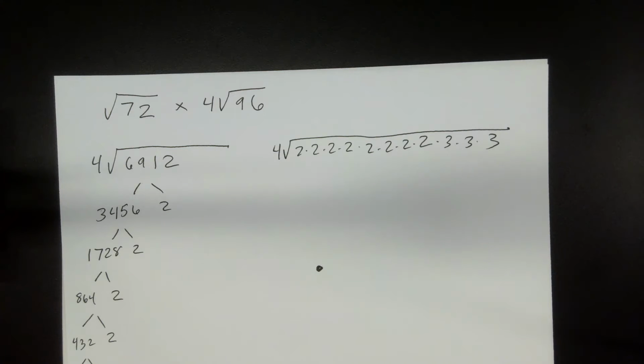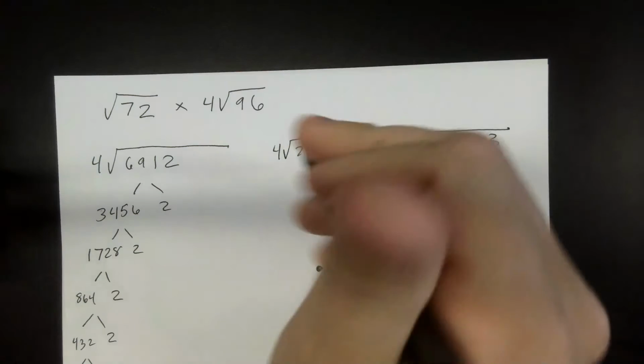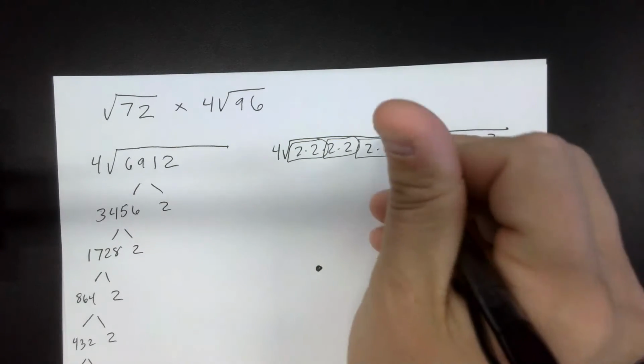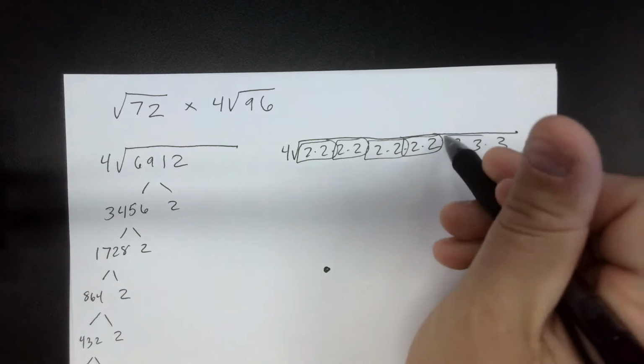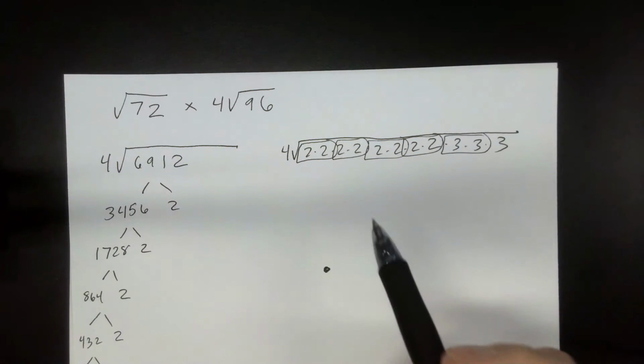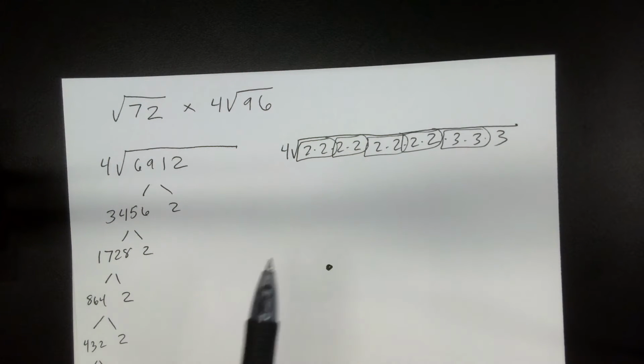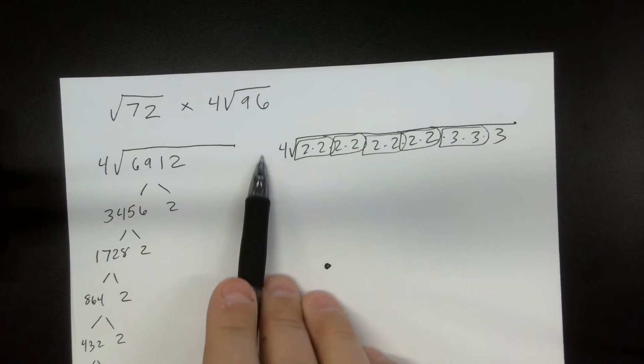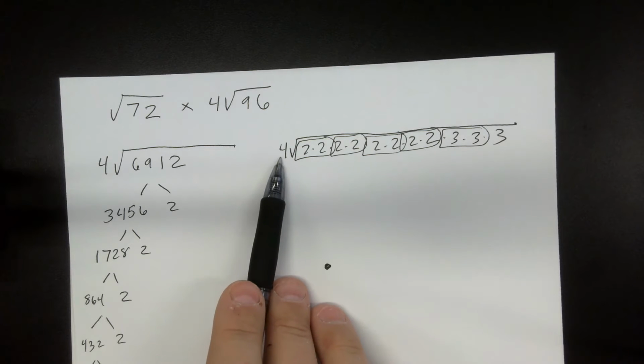Okay, so hold on. Braxton, we need to find pairs, right? So we're going to have a pair of 2s, a pair of 2s, a pair of 2s, a pair of 2s, and a pair of 3s, right? Okay, so let me ask you guys a question here. Griffin, when I bring out these numbers, what am I going to do with this 4 that's out here?